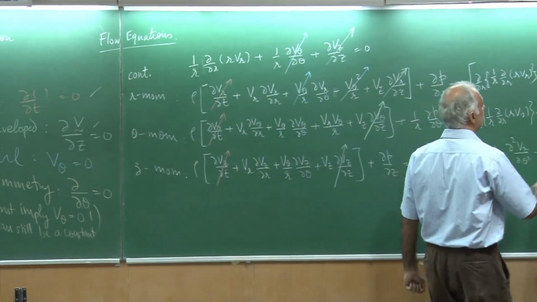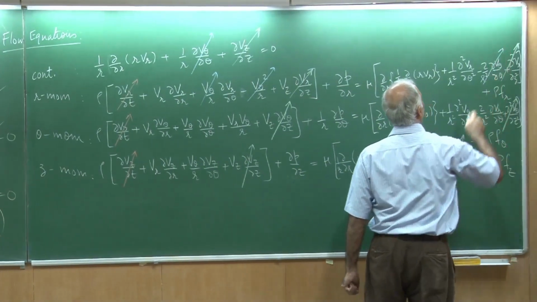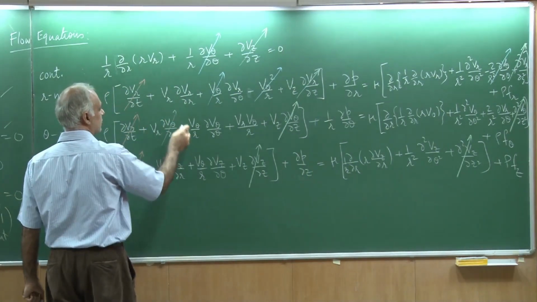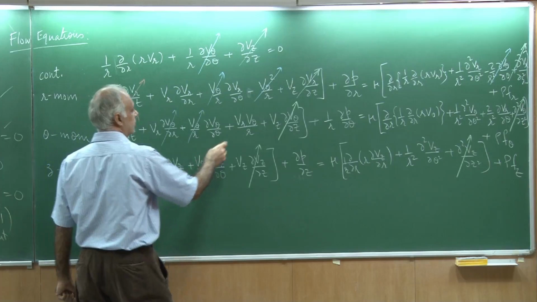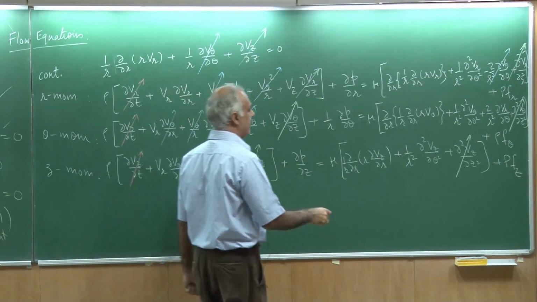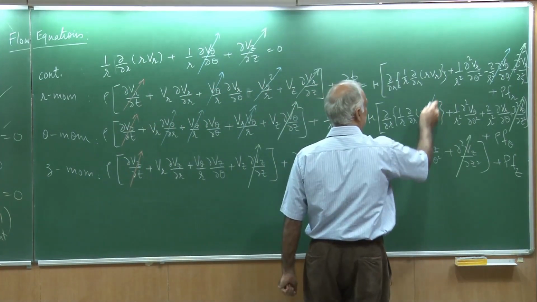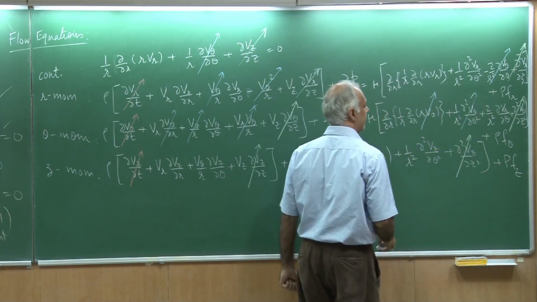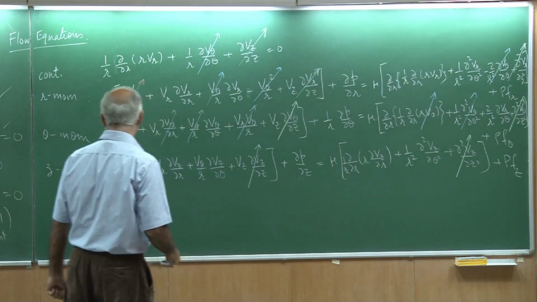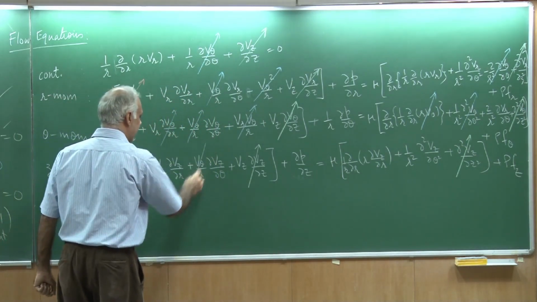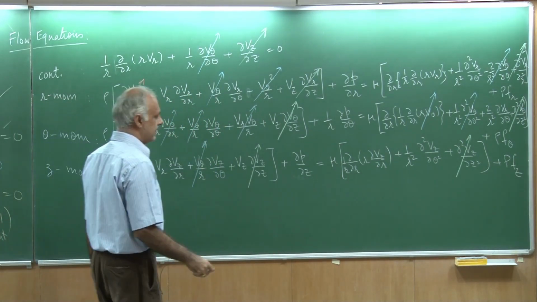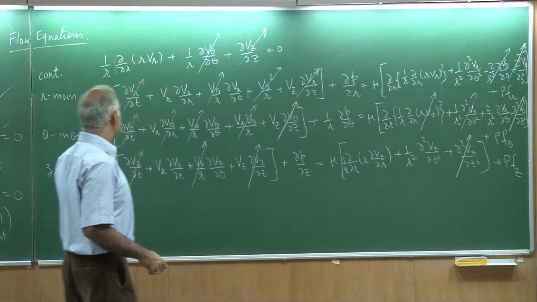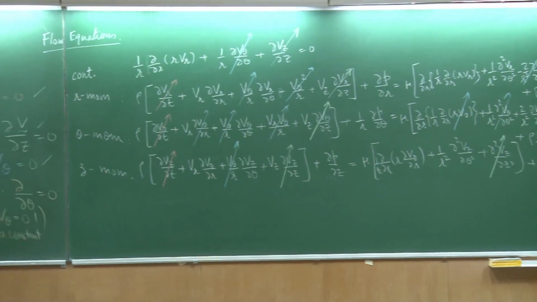Okay, so this term also goes to 0, and then I come to this equation. So this goes to 0, this goes to 0, this goes to 0, this goes to 0, this goes to 0, right? And then in the final z momentum equation, I can strike off this term, and that is it. So that takes care of my equation for no swirl.